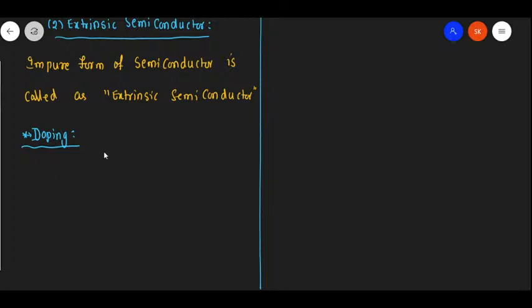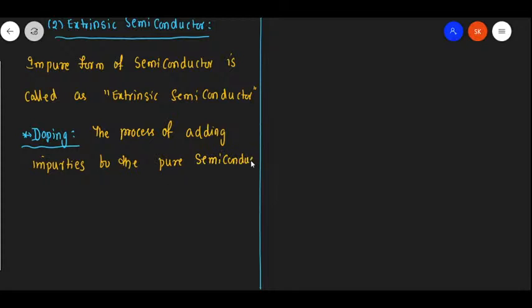The process of adding impurities to a pure semiconductor is called doping. Doping means adding impurities.